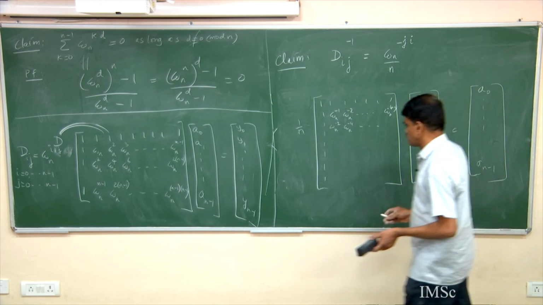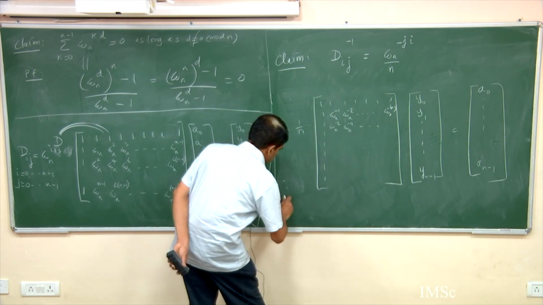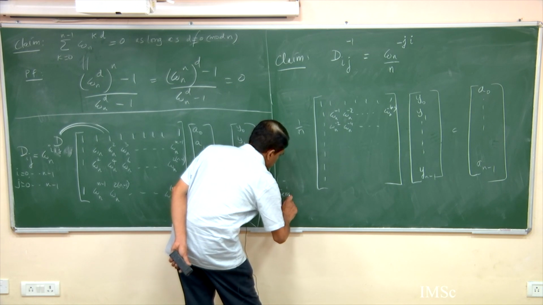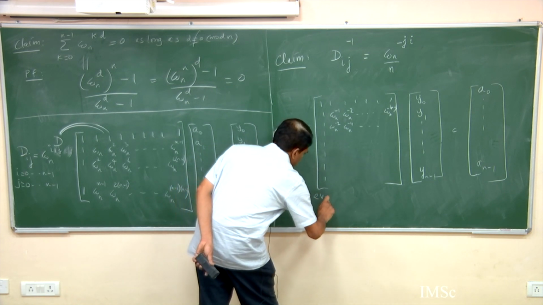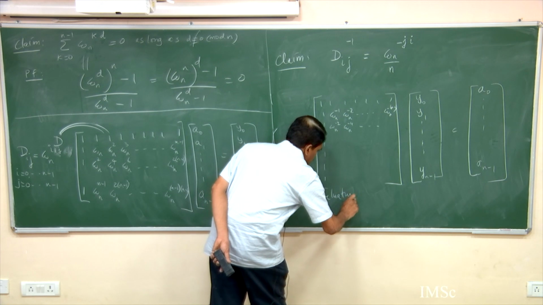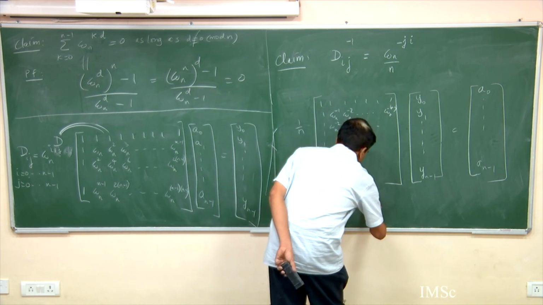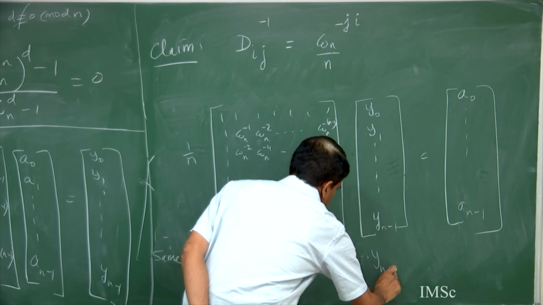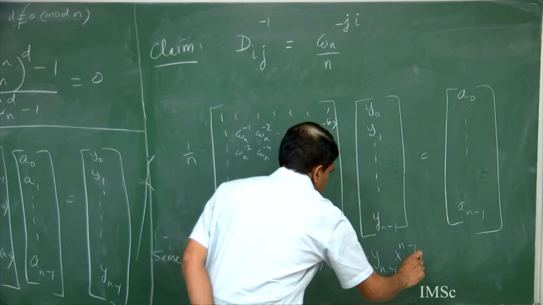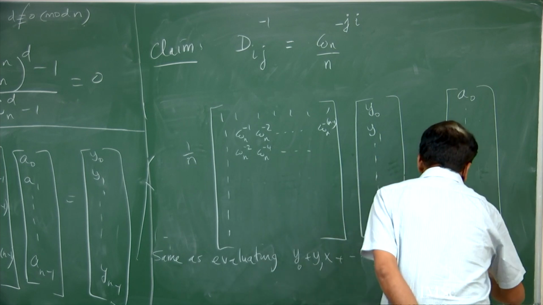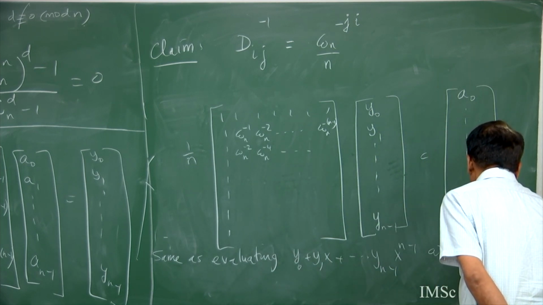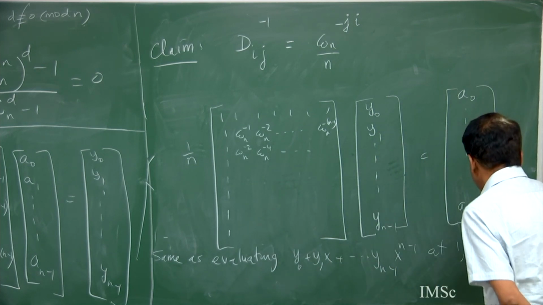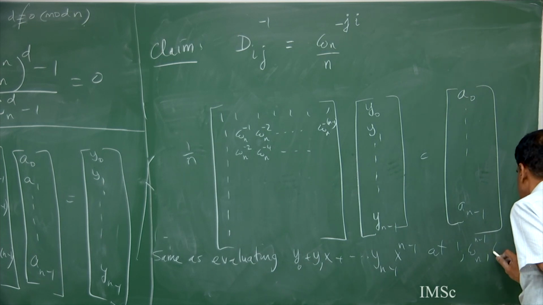Okay, so it's the same as evaluating y0 plus y1x plus and so on. -1 is the same as n minus 1, right?